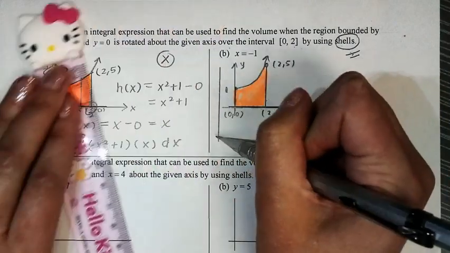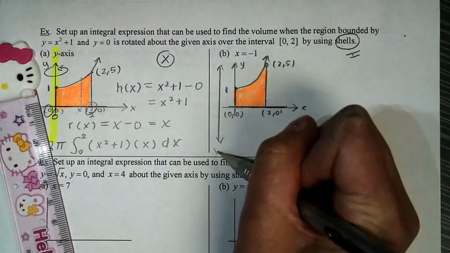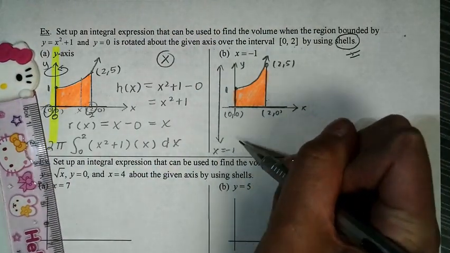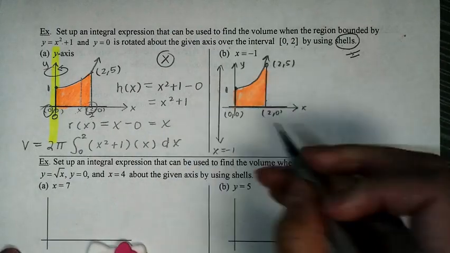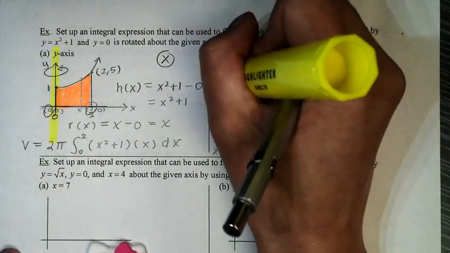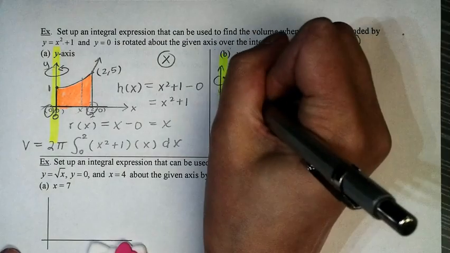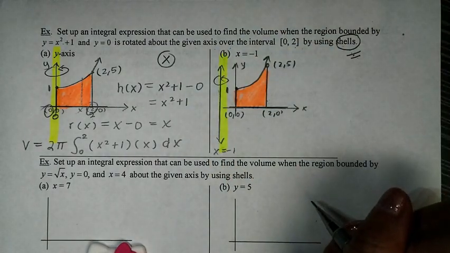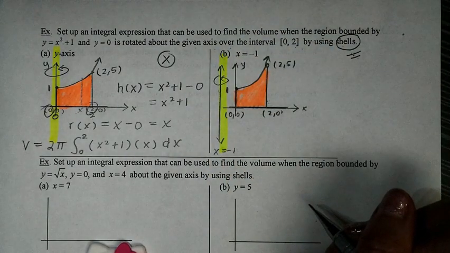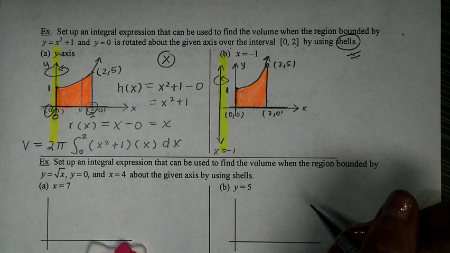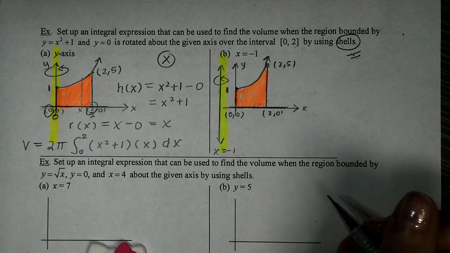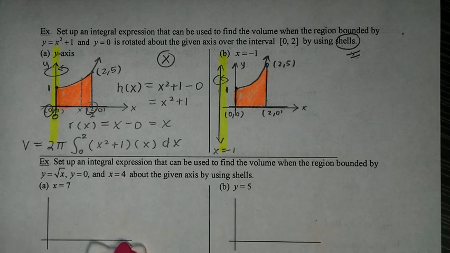When we had a disc or washer and we had a hole, yesterday and the day before yesterday, you had a different formula for the washer and the disc method, right? But here, the same formula will apply, okay? That's the user-friendly situation about the beautiful shell method, okay?